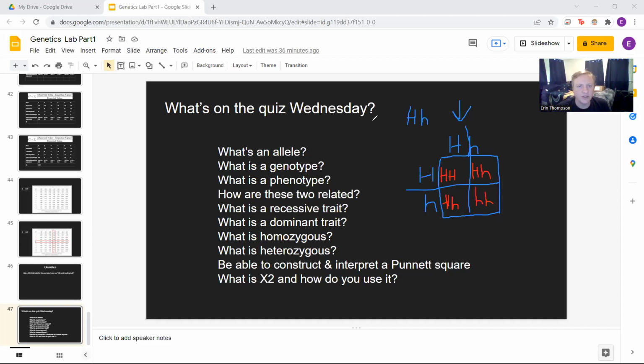So in terms of our genotypes, we have, as you may see in the lab, a 1 to 2 to 1 ratio. What on earth does that mean?